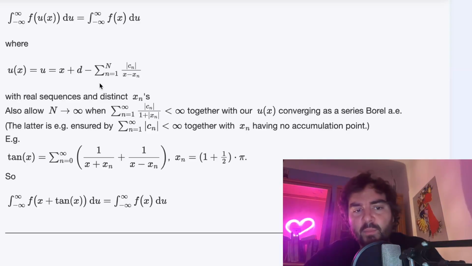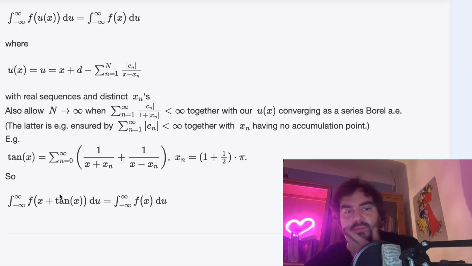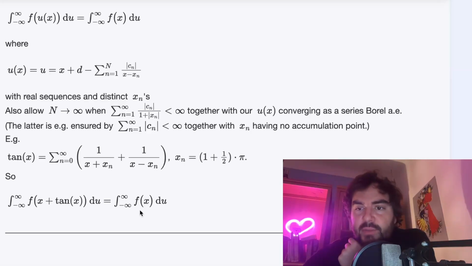One application: the tangent has actually this form, so it turns out that if you have some Lebesgue integrable function f of x and integrate over it, you can add tan x and it will not change. I ran across this on the weekend because it was posted on X, and there were so many surprised faces for this relation that I thought maybe it's worth putting on here.